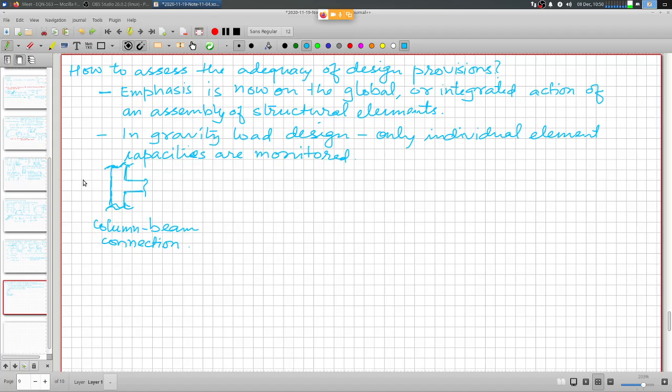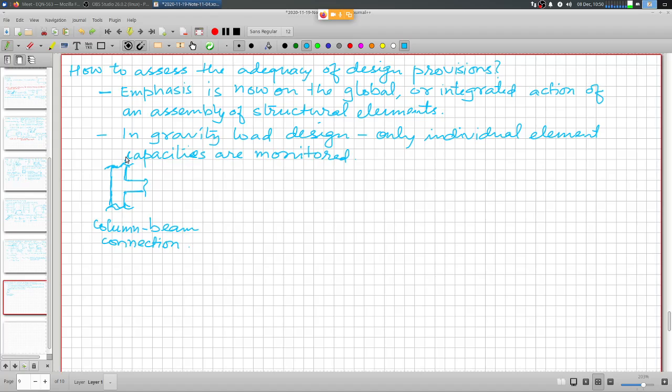So what is done is, obviously you cannot test a full scale structure to failure. I mean, remember, when we talk about ductility, we are actually talking about taking the system to ultimate load. So the total ultimate load capacity of the global structural system is only tested by Mother Earth.